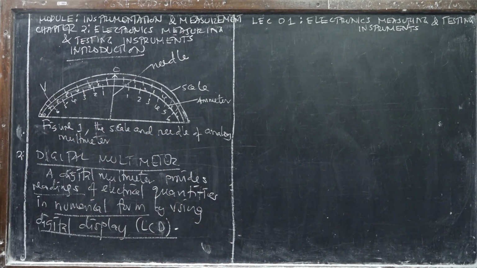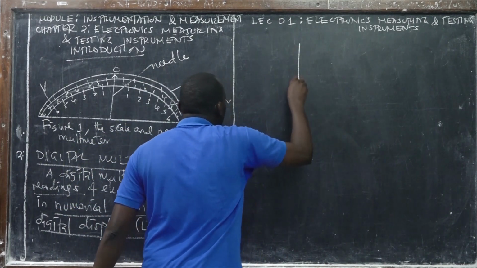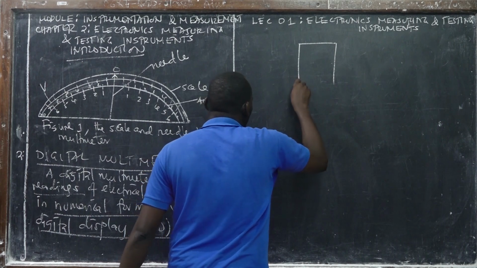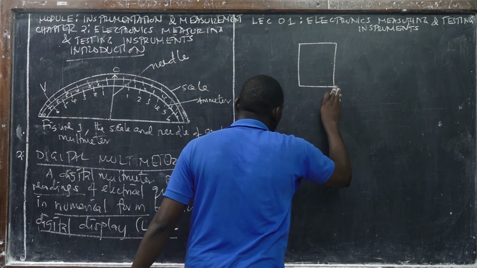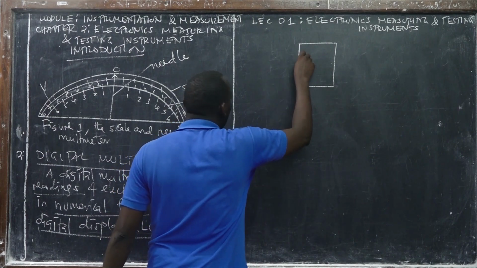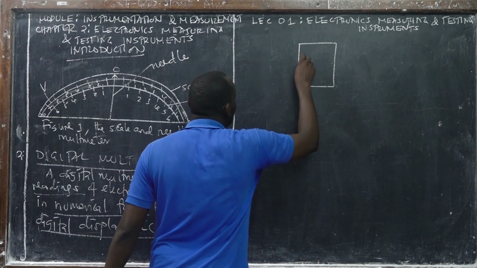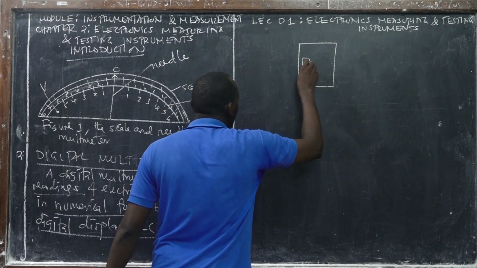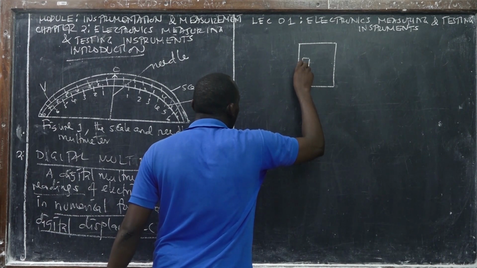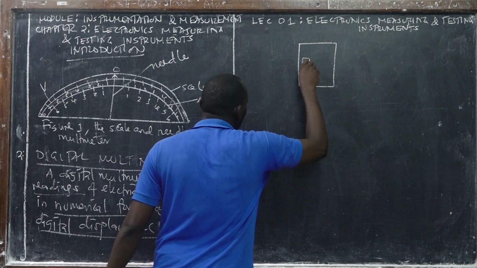So a digital multimeter displays the reading by using a digital display or liquid crystal display. Okay? And actually this display uses 7 diodes to display the physical quantity. So this is the first diode, second, third, fourth, then fifth, then sixth, seventh.